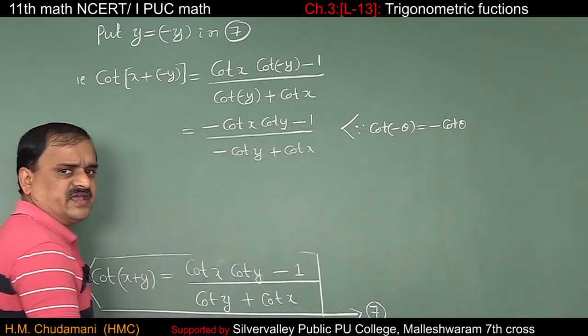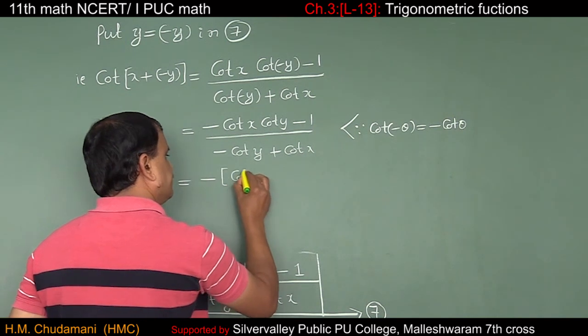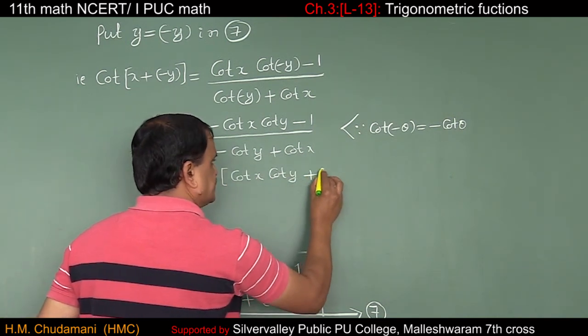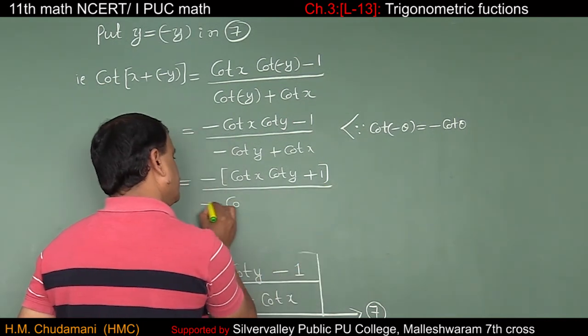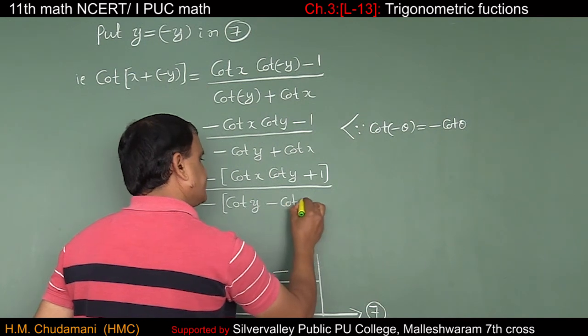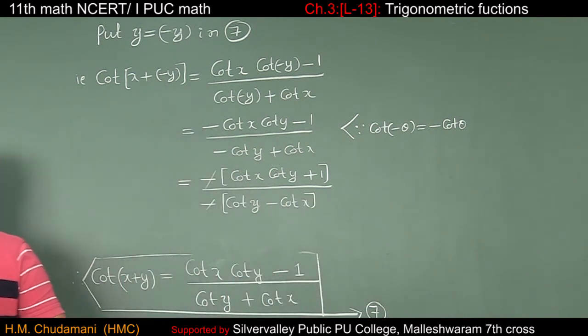I just take minus common in the numerator, even in the denominator. Cot x cot y plus 1 divided by cot y minus cot x, minus minus gets cancelled.